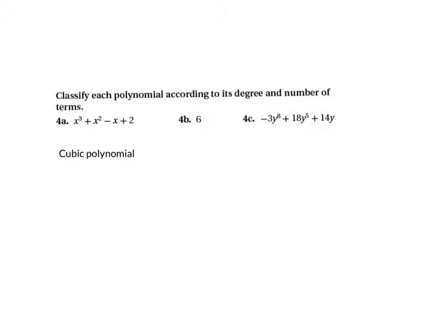For example 4b, since it's 1 term, it's a monomial and the degree is 0, so it's a constant monomial. And the last one, we have an 8th degree trinomial since there's 3 terms.